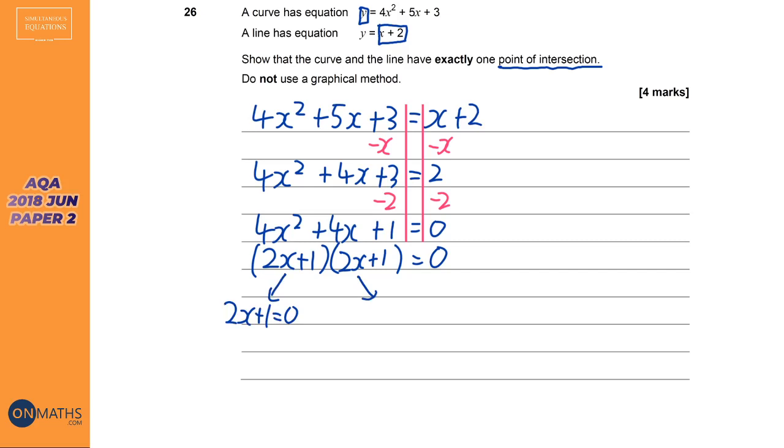So let's get our lines in. Take away 1 both sides. 2x equals minus 1. Then divide by 2 both sides. And you get x equals minus half.